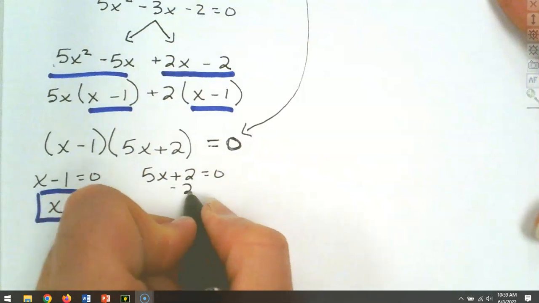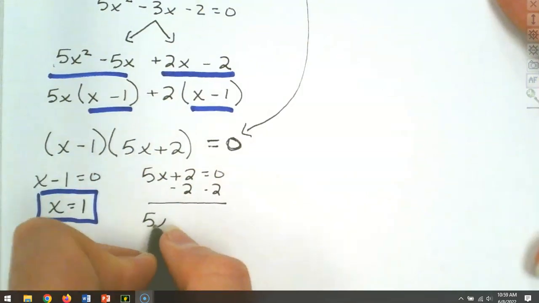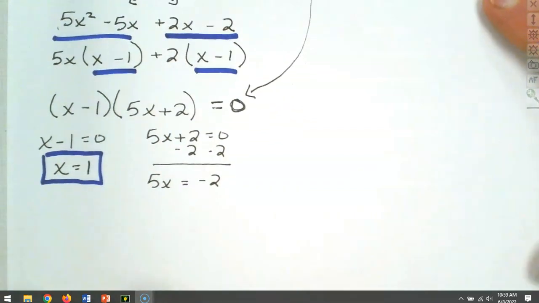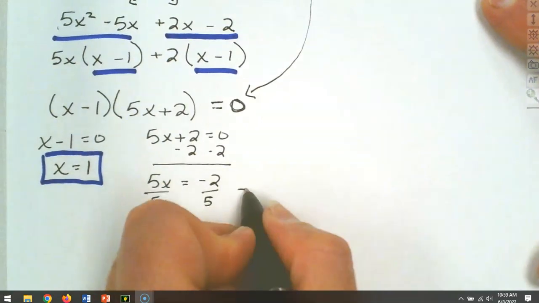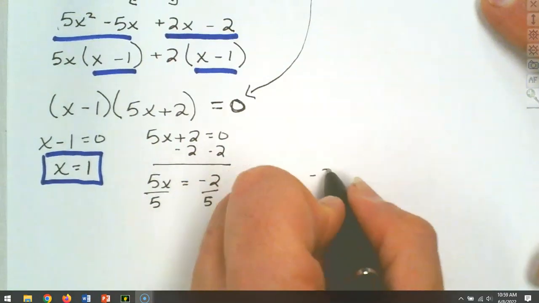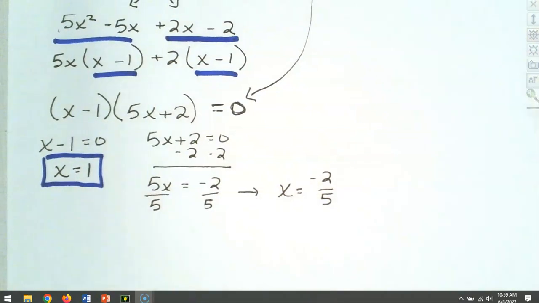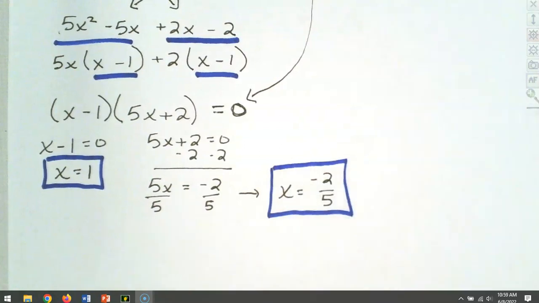So we're going to have to move that 2 over. That is then 5x equals a negative 2. Divide by our 5. And what do we now have? We now have our second solution, which is x equals minus 2 fifths. So these are our two solutions.